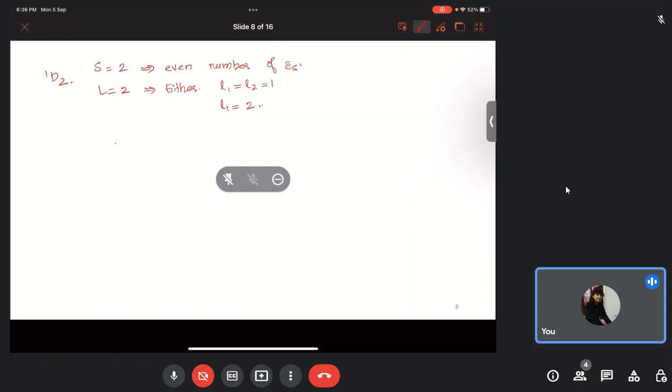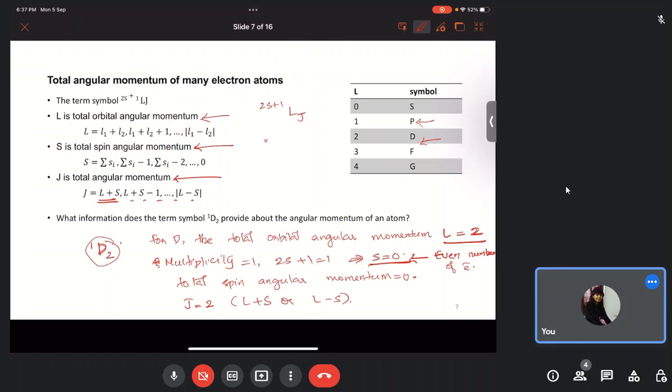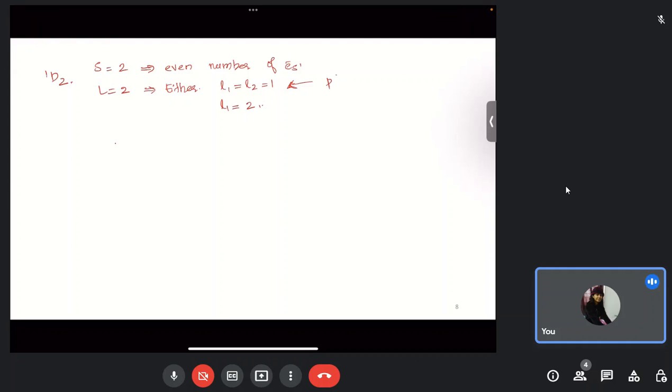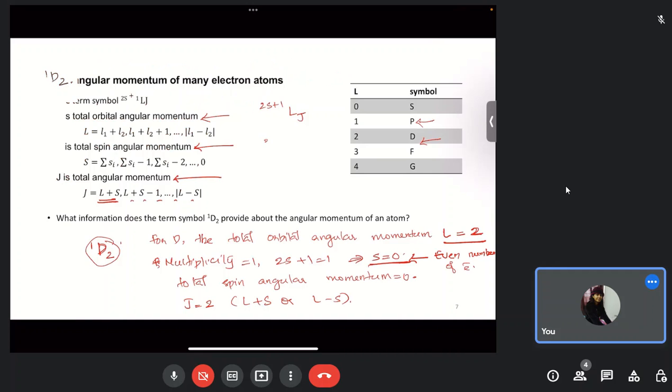So the most probable configuration will be with l1 equal to l2 equal to 1. So this is something we can deduce from the term symbol.